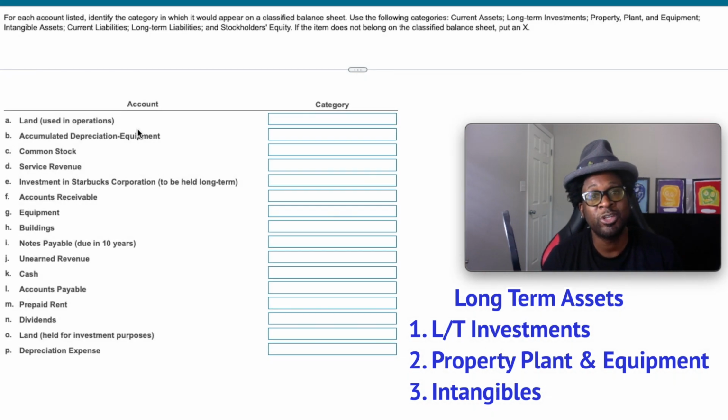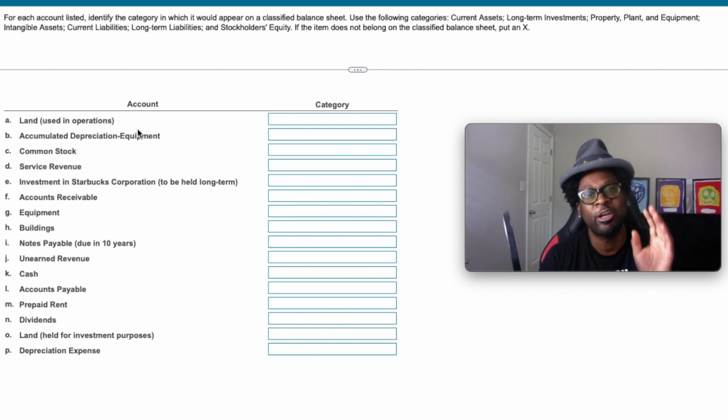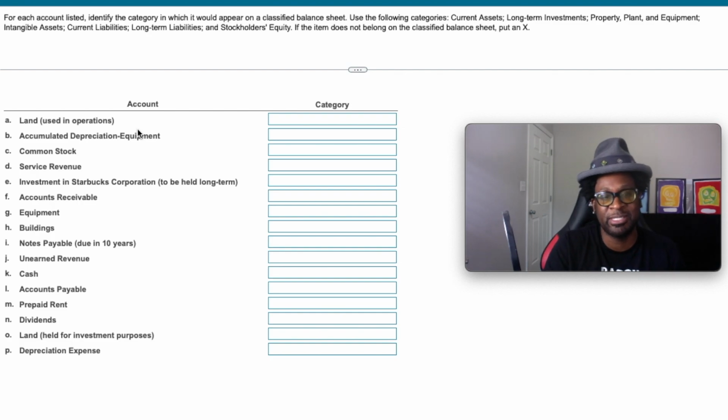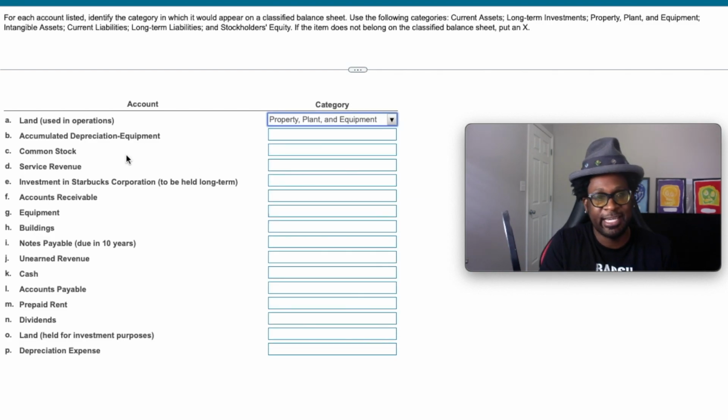Our long-term investments are going to be those investments that we hold on the books longer than a year. PP&E, property, plant, and equipment, will be those long-term assets that help us operate the business, thus creating revenue. Now, since land is used in operations, we're going to classify that as a PP&E account, property, plant, and equipment.